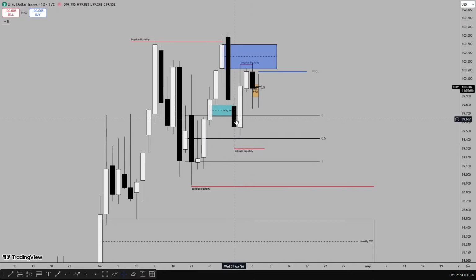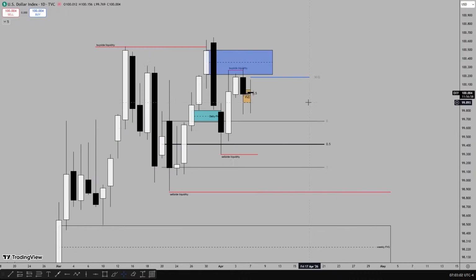And the reason is that price traded through the mid-range of the order block, because looking at this trend, the daily trend is still aligned with the idea of price trading higher.